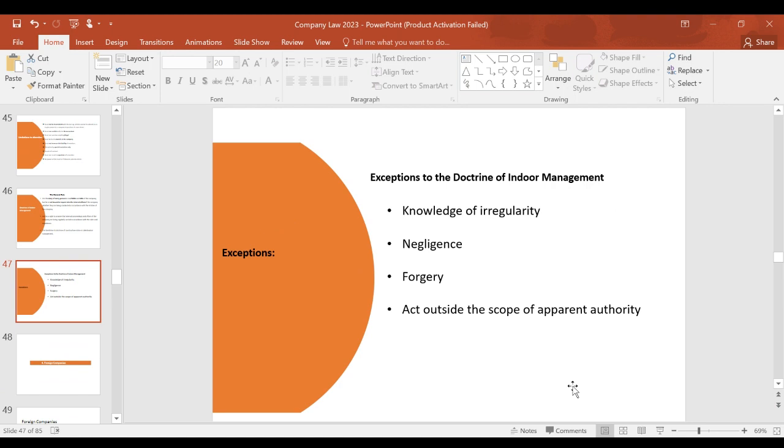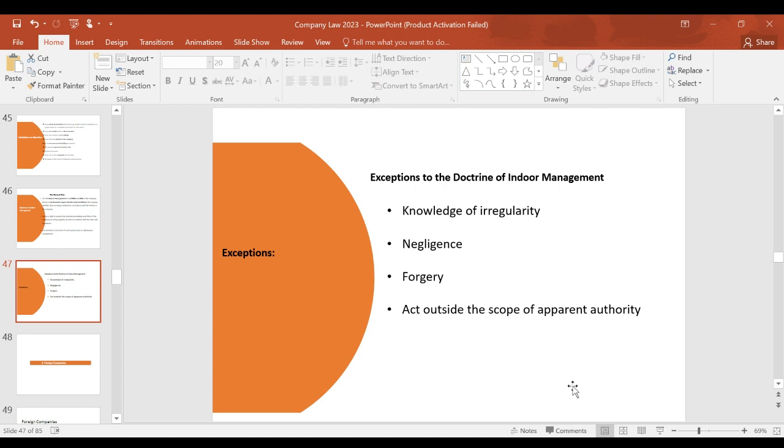But on exceptions to the doctrine of indoor management, we have a few things that may call for an outsider to question the operation of the company or the internal management of the company. And such exceptions include the knowledge of irregularity.